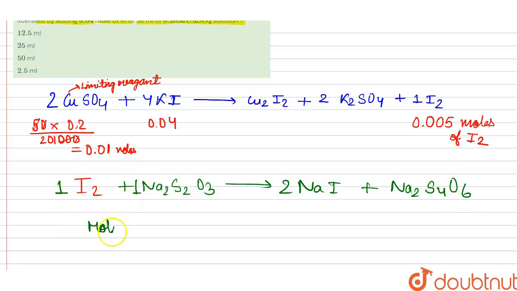Therefore moles of iodine should be equal to the moles of Na2S2O3.